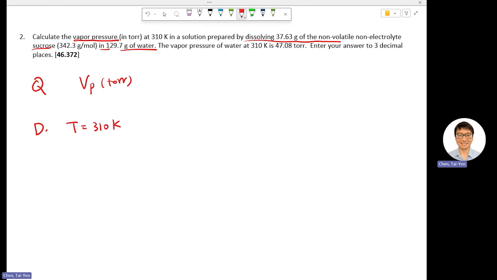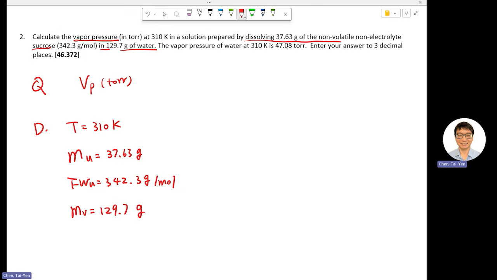Very good. So the mass of your solute is 37.63 grams. Formula weight is 342.3 grams per mole. And the mass of your solvent is 129.7 grams.